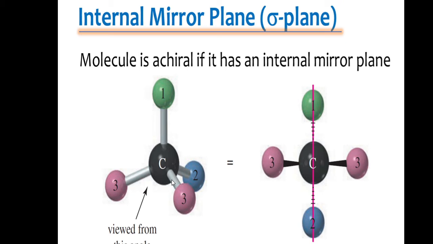That means this molecule possesses a plane of symmetry. If a molecule possesses a plane of symmetry, such molecules are achiral in nature. That means a molecule is achiral if it has an internal mirror plane.